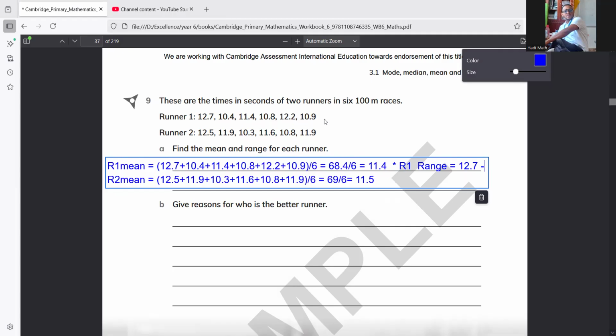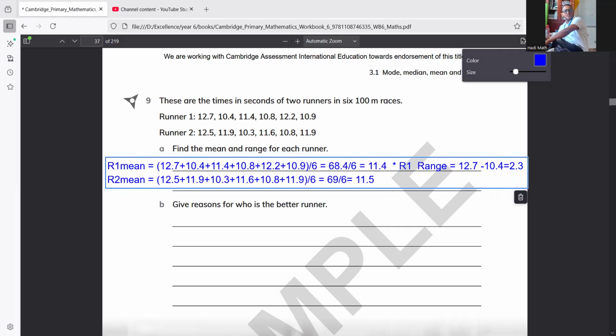Go and subtract those from each other. For 12.7, the 7 minus 4 is equal to 3, and then 12 minus 10 is equal to 2. So it's equal to 2.3.